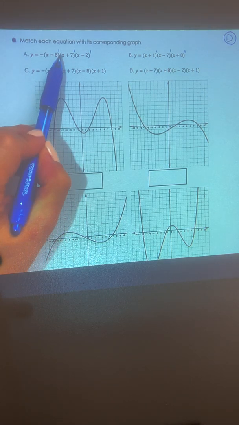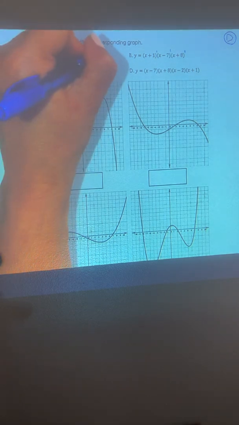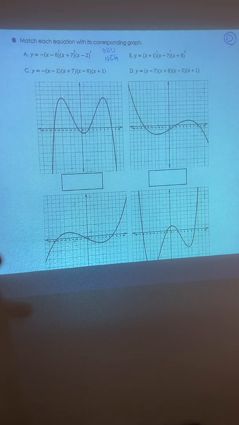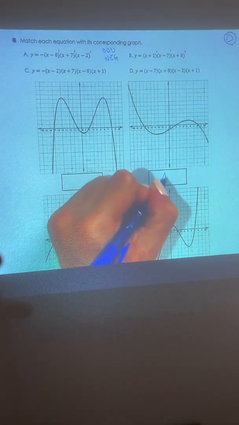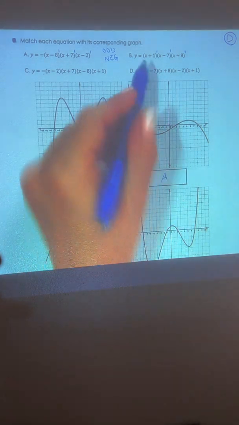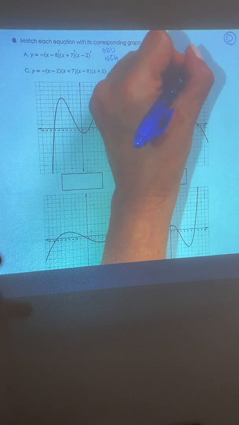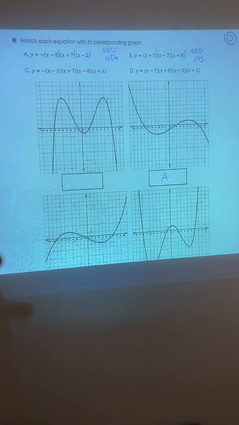So this is odd, negative. Okay, which one is odd, negative? Well, odd, negative looks like this one. This is odd, positive. Which one is odd, positive? This one's odd, positive.